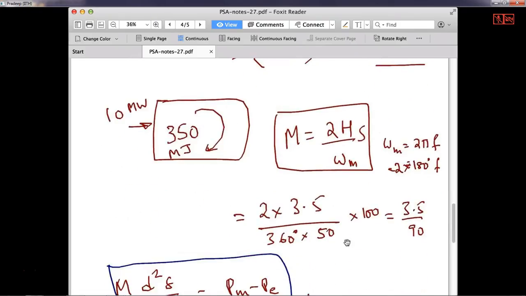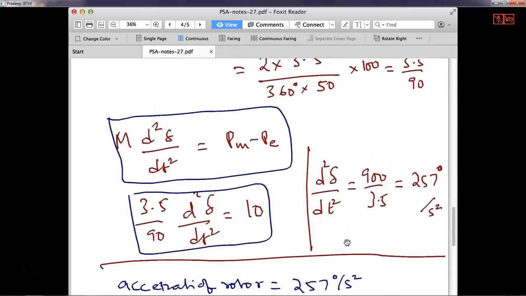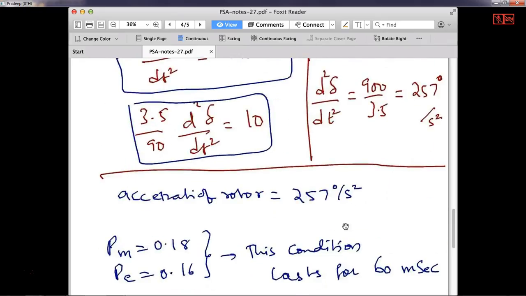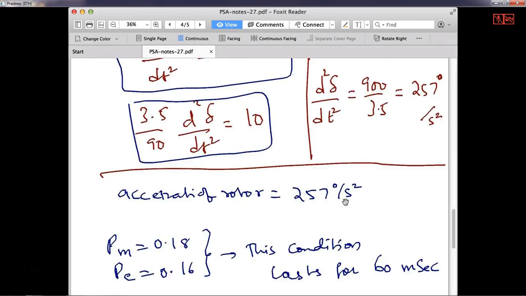Again, simple calculations we have done, and from that we find that the acceleration is 257 degrees per second square. Degrees per second square is the unit of angular acceleration, whereas meters per second square is the unit of linear acceleration.